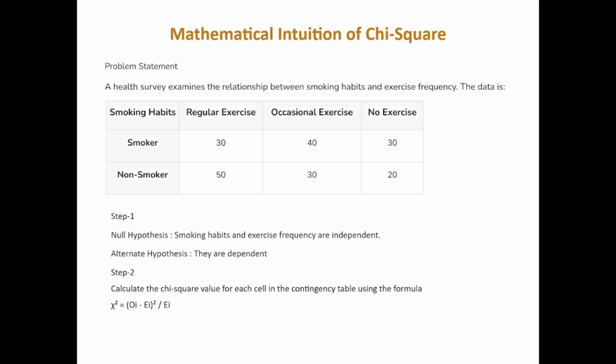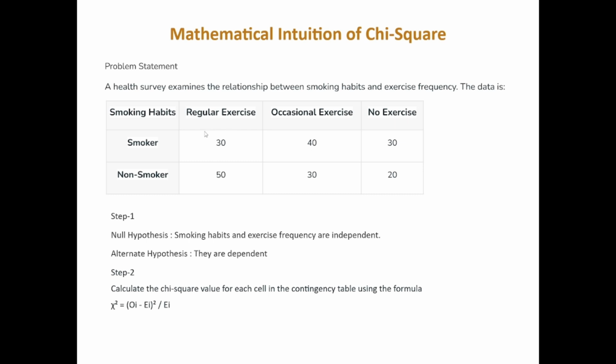Now what will be my step 2? Step 2 is to calculate the chi-square value for each cell in the contingency table. Here you can see I have 2 rows and 3 columns, so I have to calculate the chi-square value for each of these cells. Suppose I take the example of a smoker who does regular exercise.